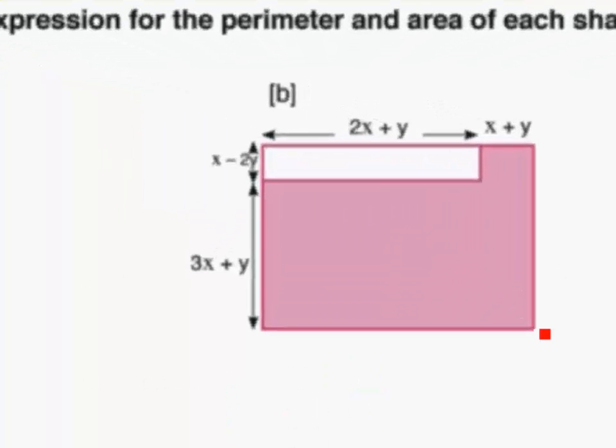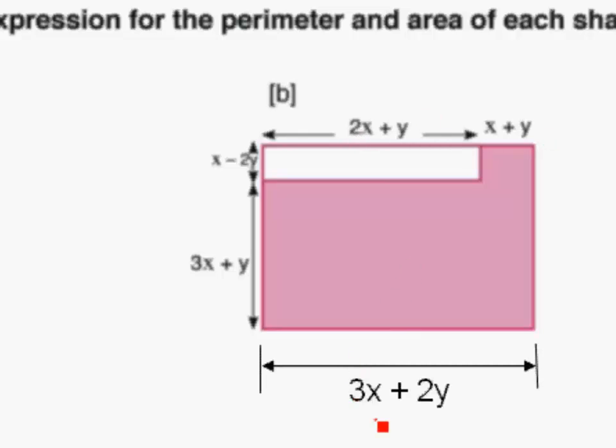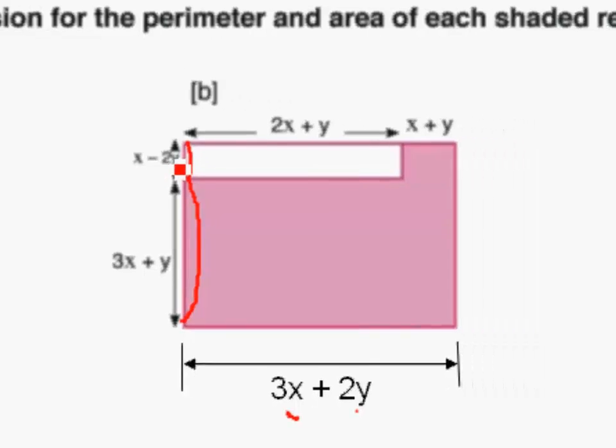Number B, first we have to calculate the length, which is 2x plus y plus x plus y. 2x plus x is 3x, and y plus 2y. And the width is 3x plus y plus x minus 2x.